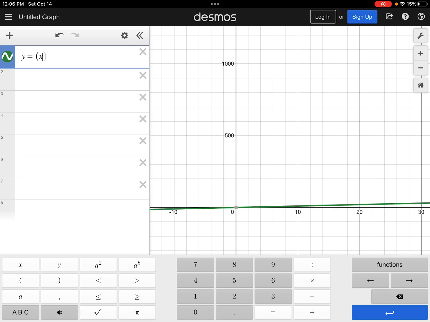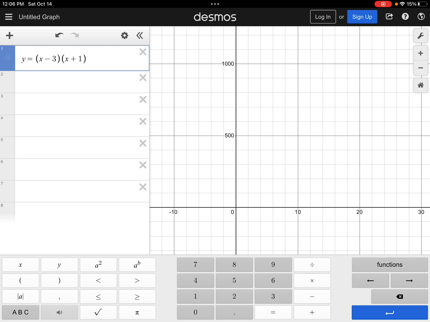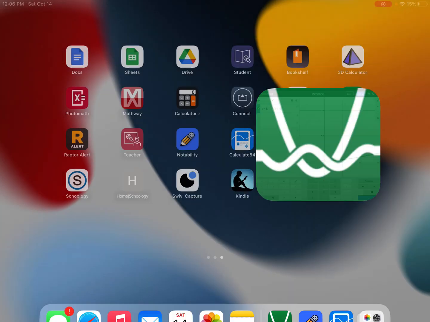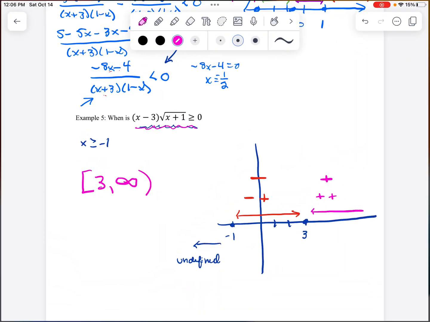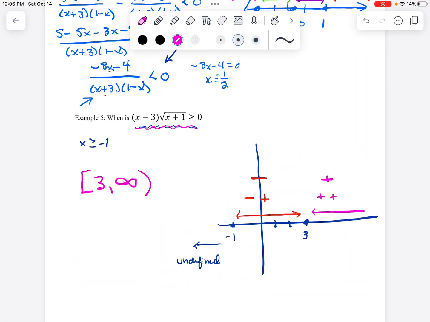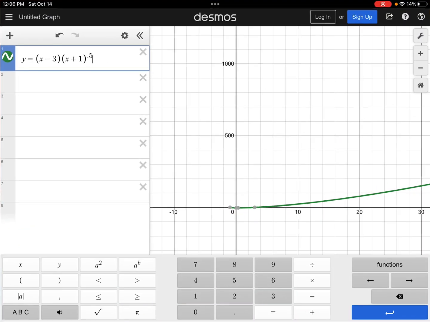X minus 3 and square root of, I believe it was x plus 1. And was this what our function looked like? X minus 3, square root of x plus 1.